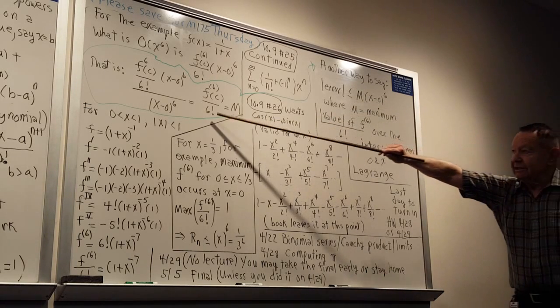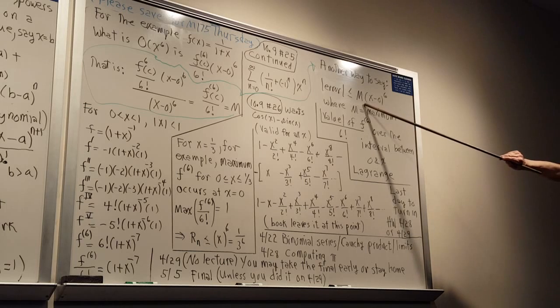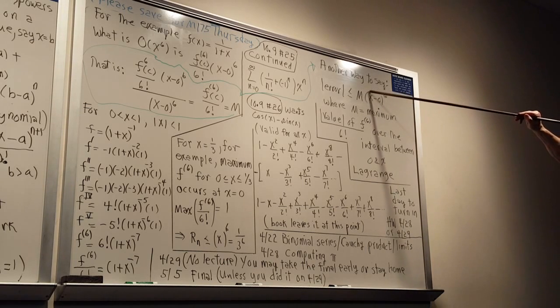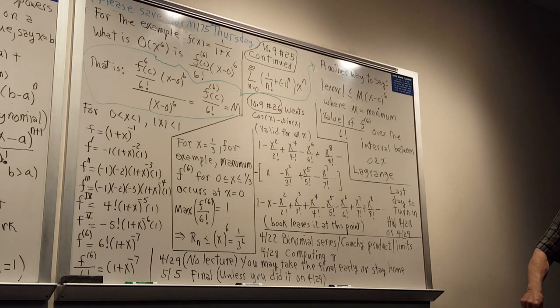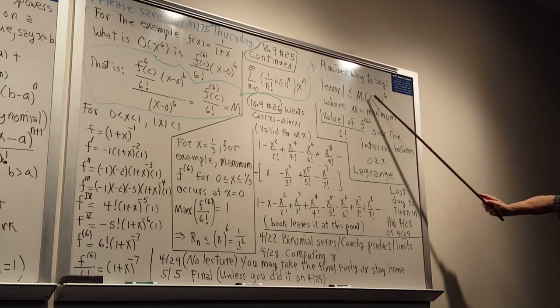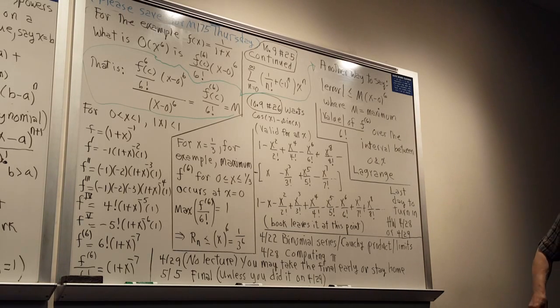You'd have the 6 factorial in the denominator and a number like pi over 180 to the 6th power, which is a small number. It's like 1/60th to the 6th power, if this were the pi over 180. And then you're dividing that by 6 factorial, say, something of that kind. So that's why these polynomials usually don't have to be very high in power to get good values. 4 places, 5 places, anyway.